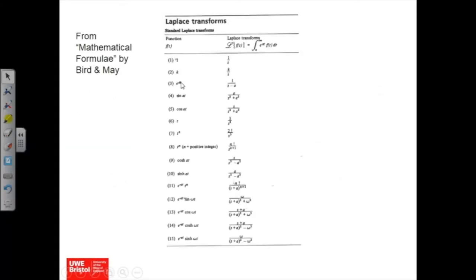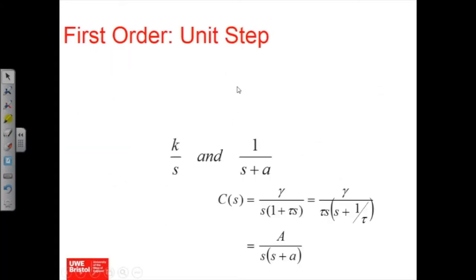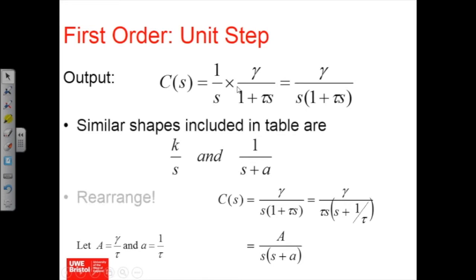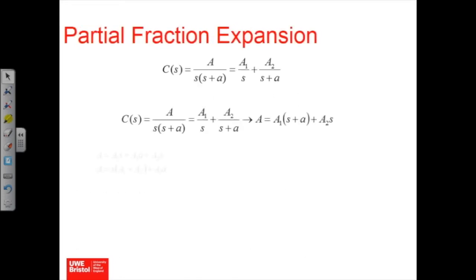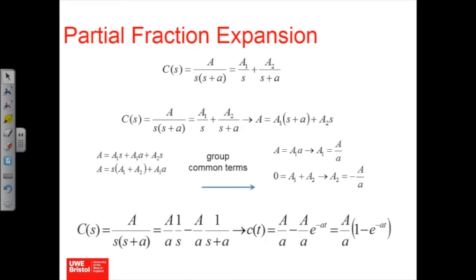I had big A over little a over s plus a, so this becomes big A over little a e to the minus at. So big A over little a times 1 minus e to the minus at.